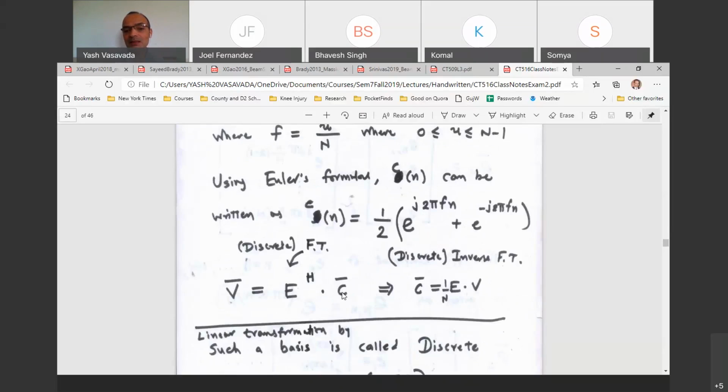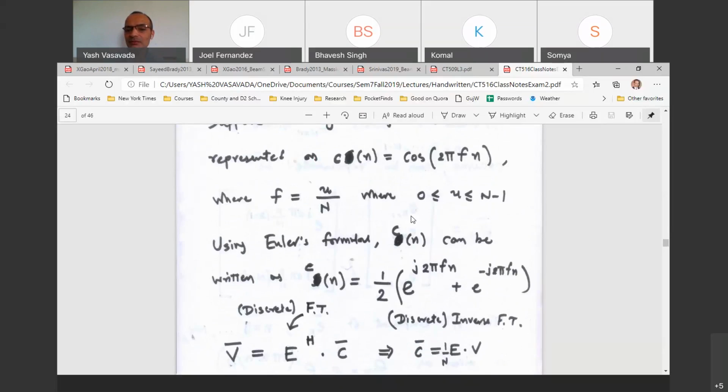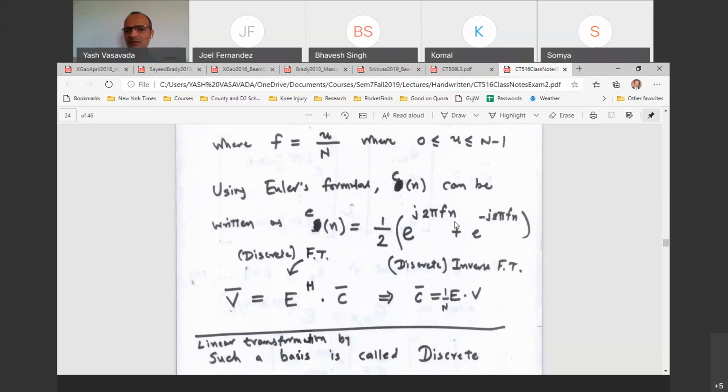This C vector is filled with non-zero values. Non-zero values are known to be having this structure, which is the case when it is a cosine waveform. But generally, having this structure, this V will have only two non-zero values, one corresponding to this, another corresponding to that. All the others will be zeros.